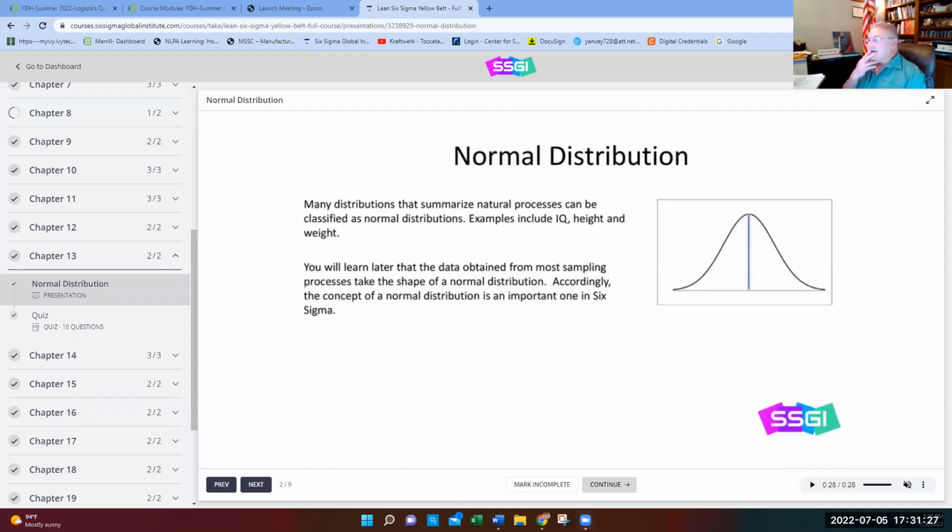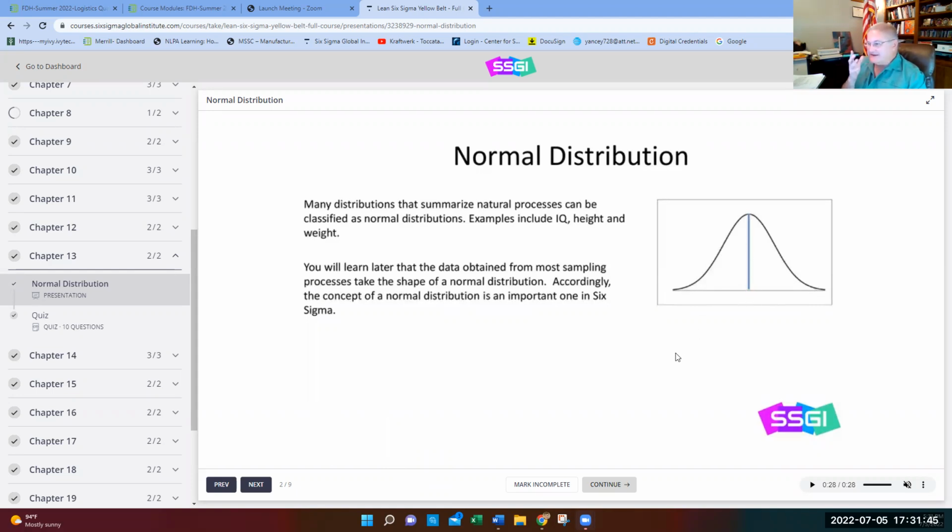Okay, so I've got us opened up to chapter 13, and it's talking about normal distribution. If you look at the graph on there, it has the hump with the dividing line, the average or the median, right in the middle.